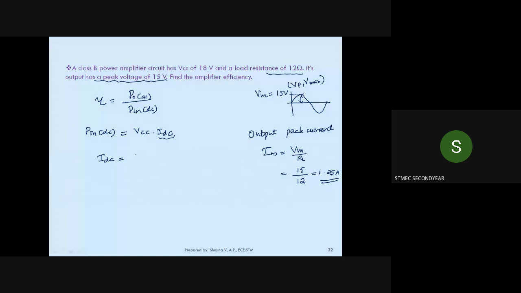For a full cycle, we have to see in class B power amplifier we are using two transistors. So we can say it is 2 Im divided by pi. Normally DC value is maximum value divided by pi. So, okay, for a full wave case, it is 2 Im by pi. Okay. So this is 2 into Im, that is 1.25 ampere, divided by pi. This will be the DC current.